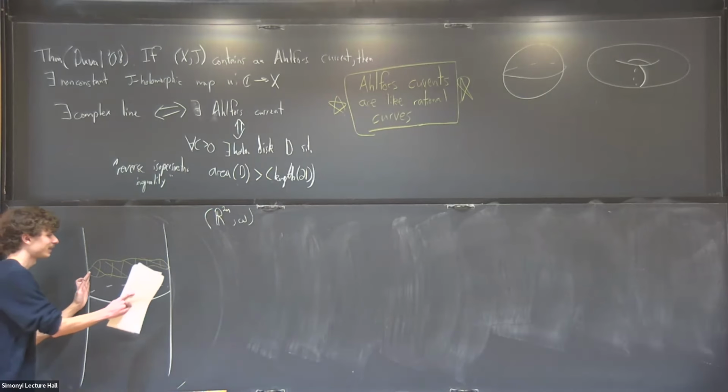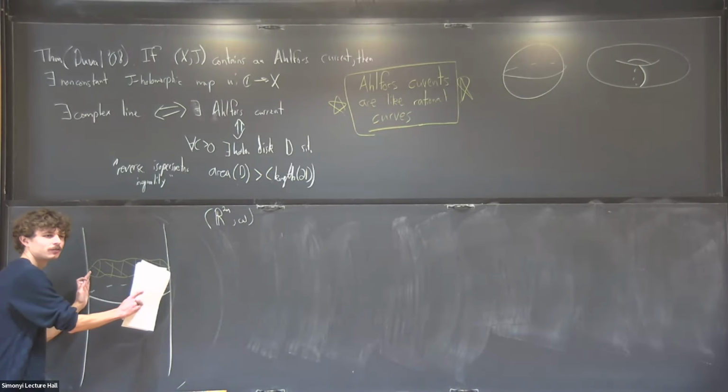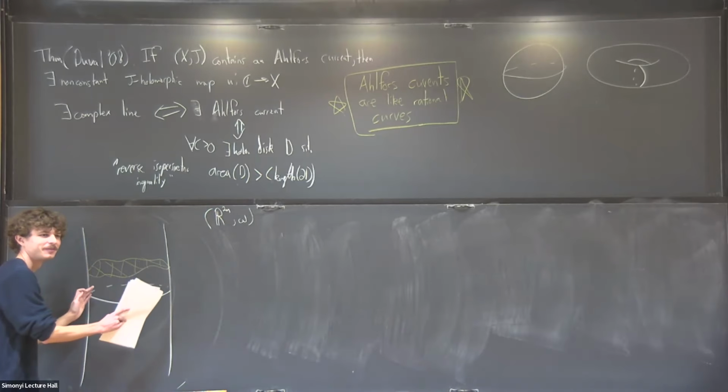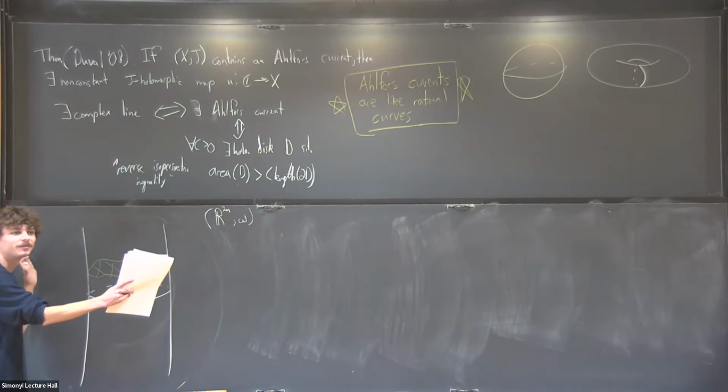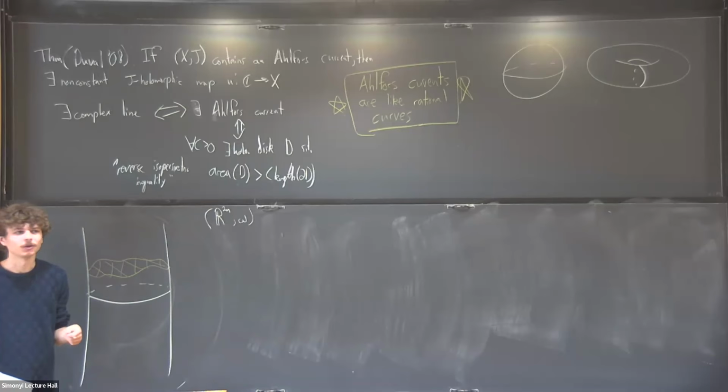So what you would think is, I get some constant for this cylinder, and this has the scaling symmetry, so I can scale the cylinder and I get a bigger length scale. So you can hope you get a better inequality. But if you look at the arguments of Gromov and Solomon and Duval, they use C1 bounds on J, which is destroyed by scaling.